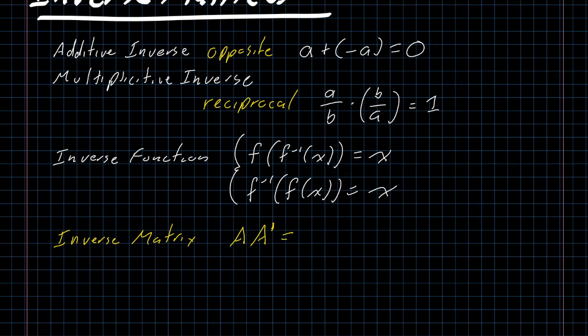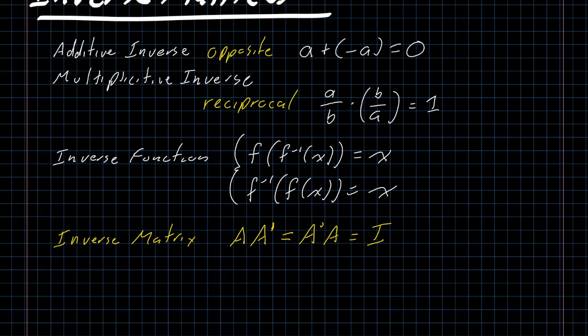All right, so we need A times A prime to be the same thing as A prime times A, and very specifically for that to be the identity matrix I. One of the properties of matrix multiplication is that the dimensions of the result change based on the dimensions of the matrices you multiply together.